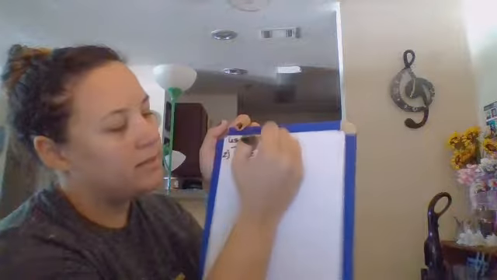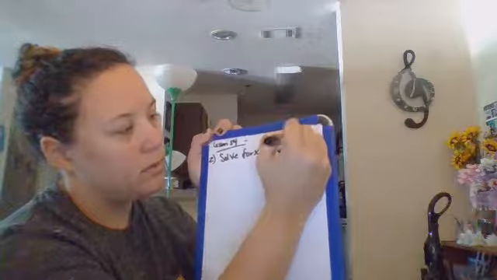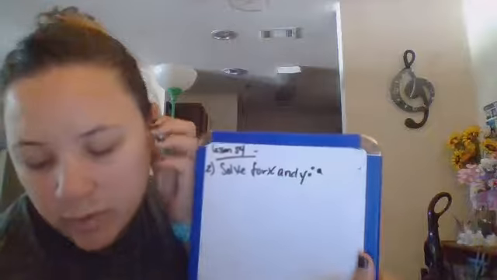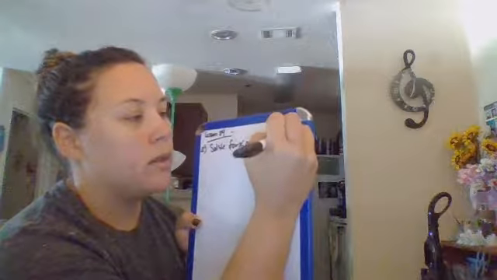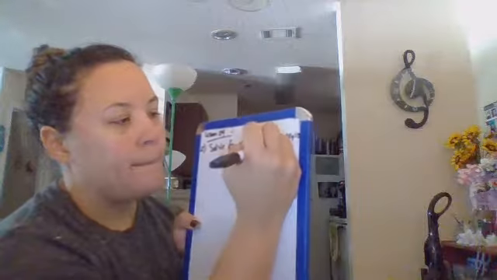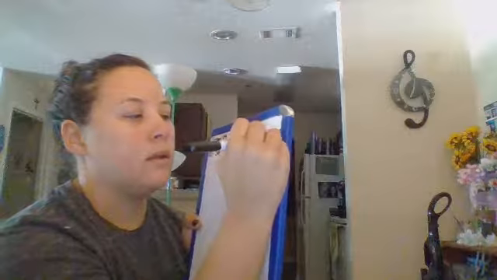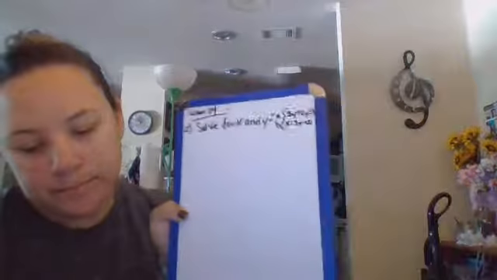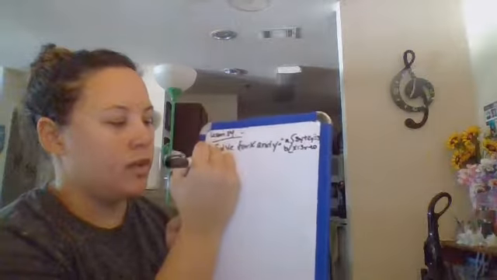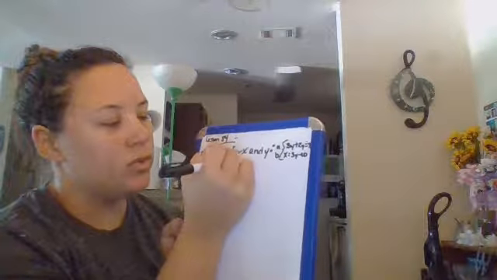Alright. So we're still solving for x and y. And my first equation is 3x plus 2y equals 3. And the second one is x equals 3y minus 10. Alright, so we're trying to find y first. So I use 3x plus 2y equals 3.